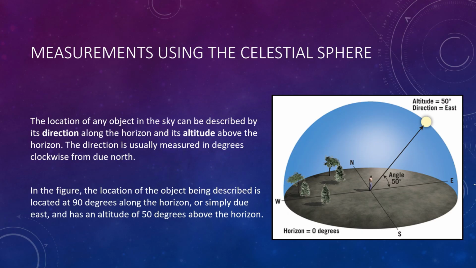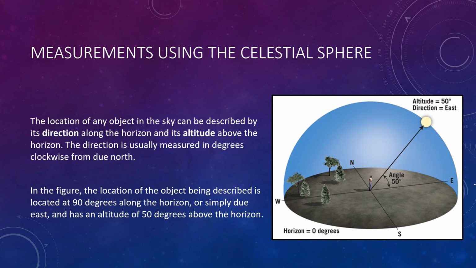The celestial sphere is a useful tool for describing the location of objects in the night sky. However, when you go outside, you can see only one half of the celestial sphere from any particular location, the other half being blocked by the ground from view. The location of any object in the sky can be described by its direction along the horizon and its altitude above the horizon.